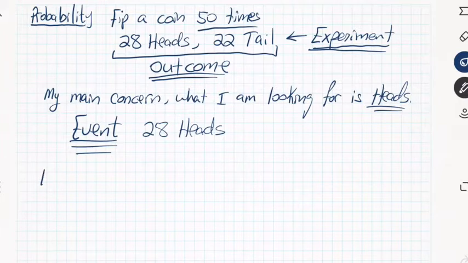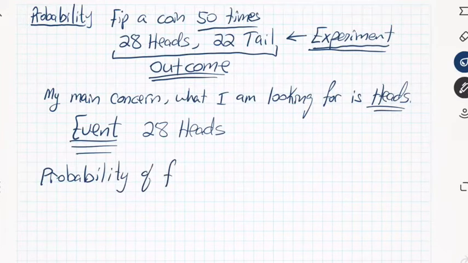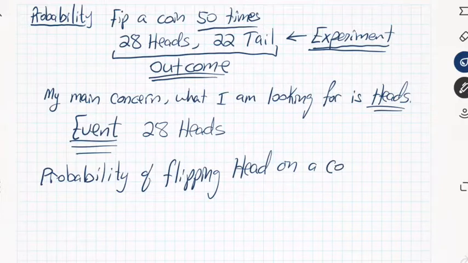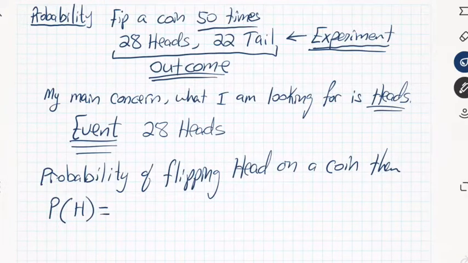And let's put it all together. So if I'm looking for the probability of flipping a head on a coin, then we're going to say the probability of a head, and I'm just going to abbreviate here, is going to equal the number of events, in other words, the number of heads that I actually flipped, over the number of outcomes.